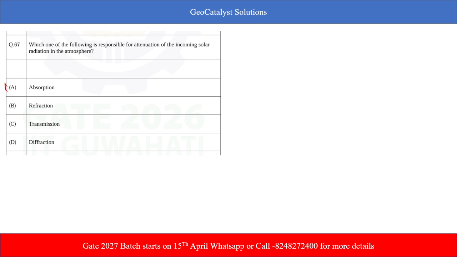So for this also absorption will be the answer. Solar radiation is coming, and due to absorption only that attenuation happens. So for this absorption will be the answer.